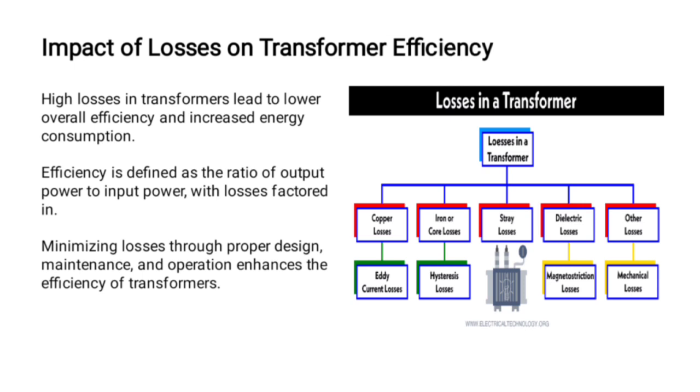This can lead to decreased voltage regulation and increased energy consumption, making the transformer operate at low efficiency. Efficiency is defined as the ratio of output power to input power with losses factored in. Minimizing losses through proper design, maintenance and operation enhances the efficiency of transformers.